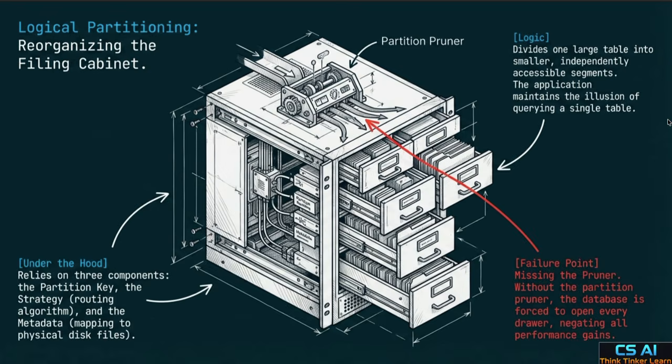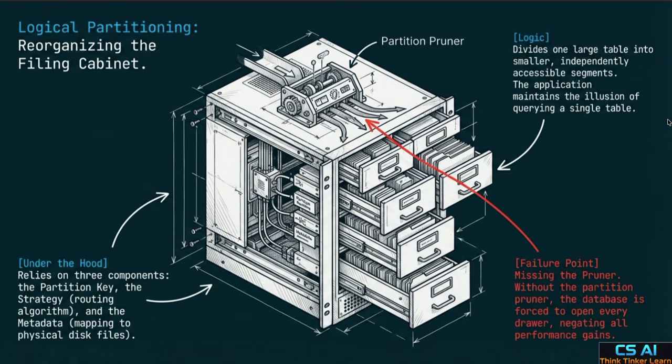Our first step in scaling is logical partitioning, reorganizing the filing cabinet. The logic here is that it divides one large table into smaller, independently accessible segments. Crucially, the application maintains the illusion of querying a single table.